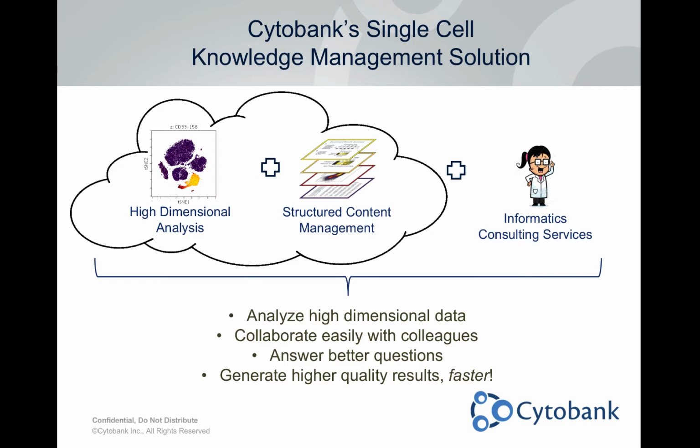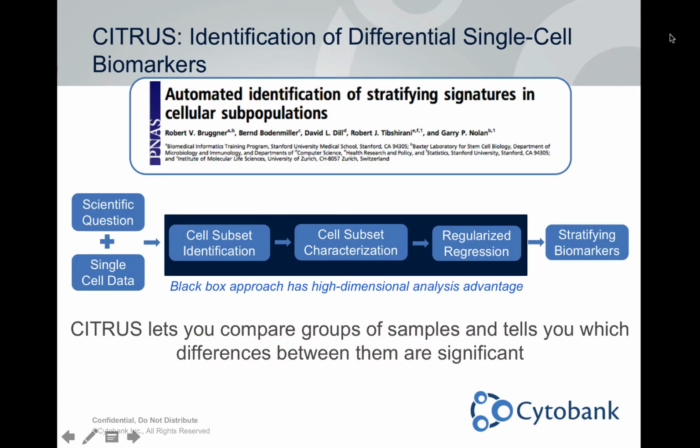So what is Citrus? Citrus is an algorithm that is used for the identification of differential single-cell biomarkers. So here's the paper, which kind of debuted the algorithm. And essentially, this is the workflow. So you start with a scientific question and single-cell data, and then you enter that information into Citrus. Citrus is technically a couple of algorithms put together inside of what we call a black box approach.